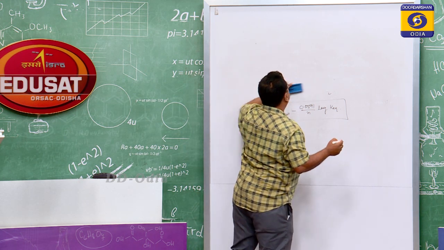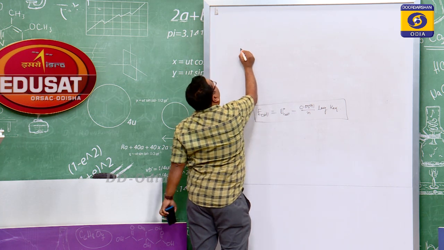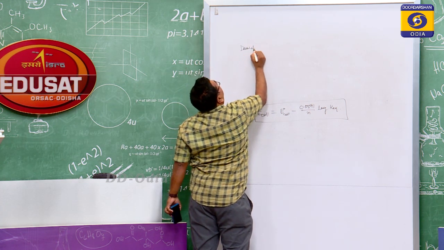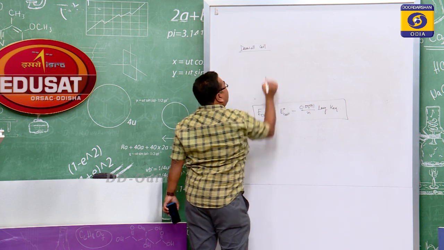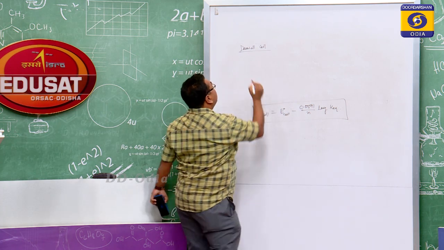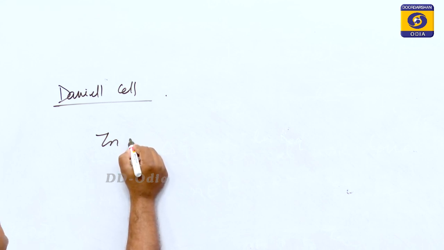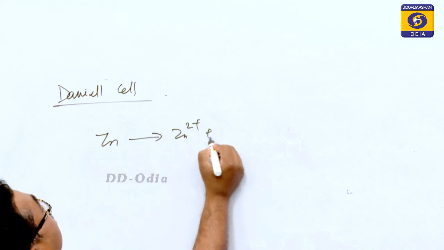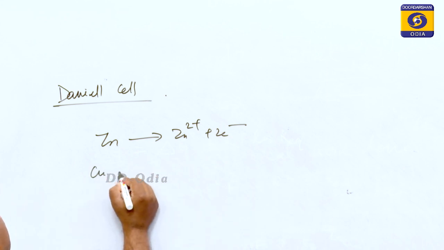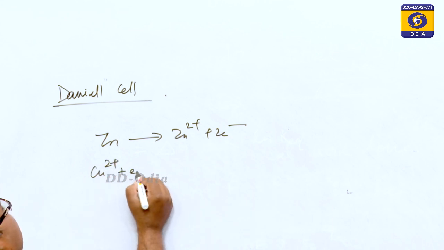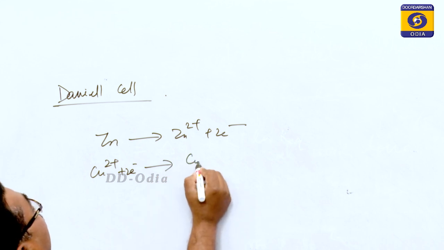Now let us consider the Daniell cell and apply this to it. In the Daniell cell, zinc goes to zinc 2 plus plus 2 electrons, and copper 2 plus gains 2 electrons becoming copper.